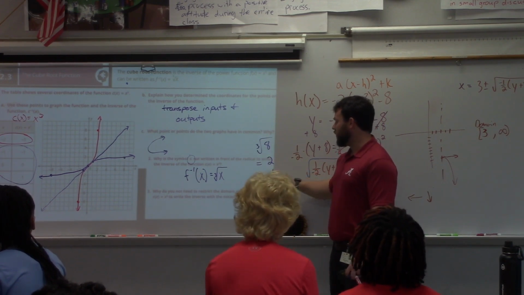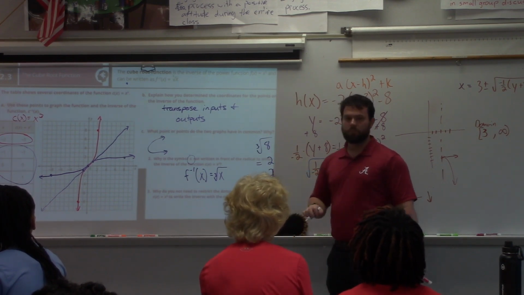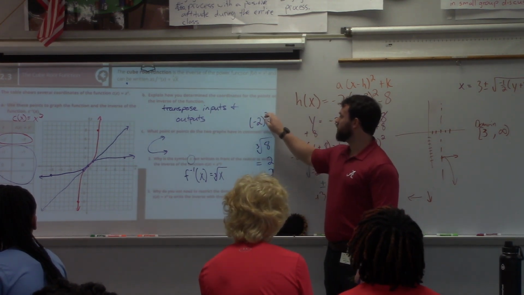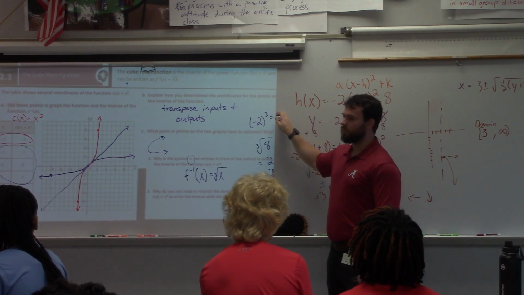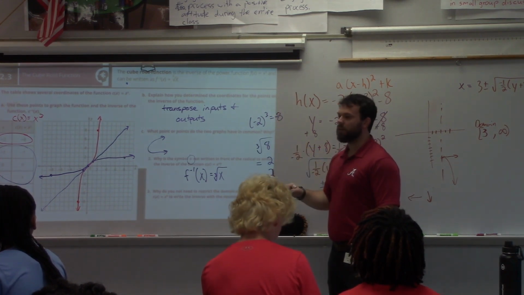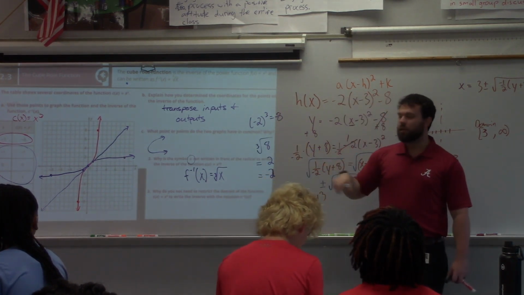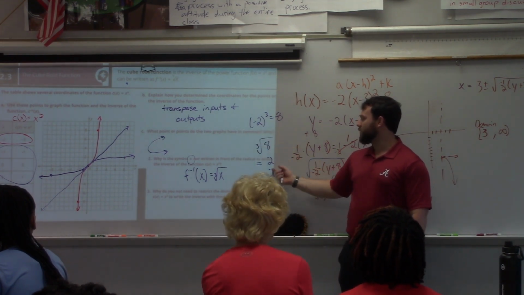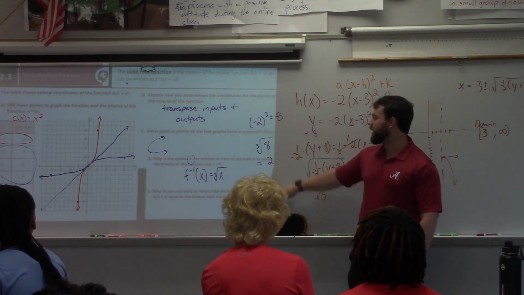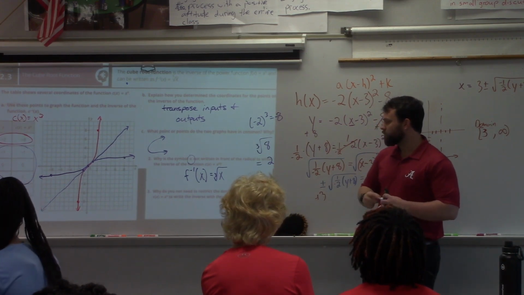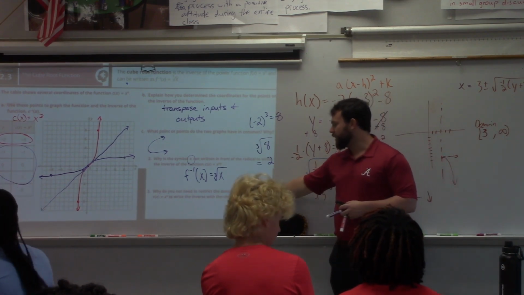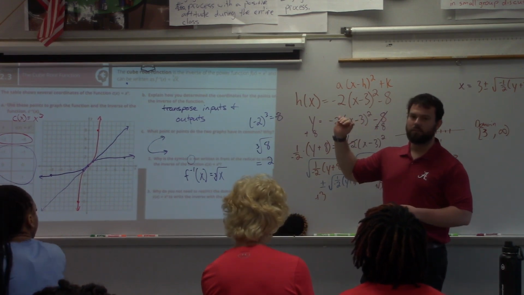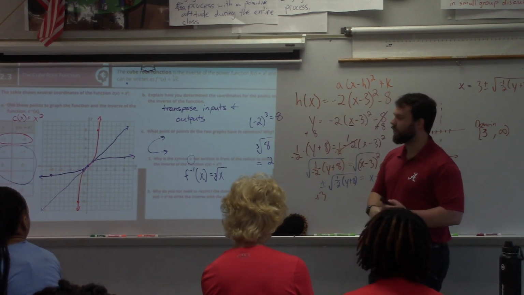Could it equal -2? Does -2 cubed equal 8? No, it equaled -8. So there's not two inputs for each of those outputs, so we don't need positive and negative with those cube roots. We don't need to restrict the domain because the inverse is already a function. Okay?